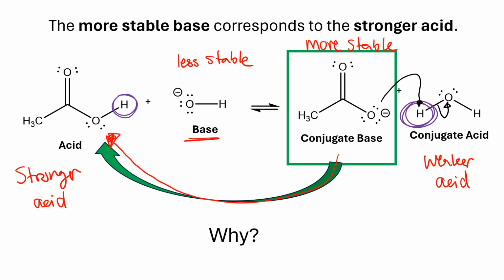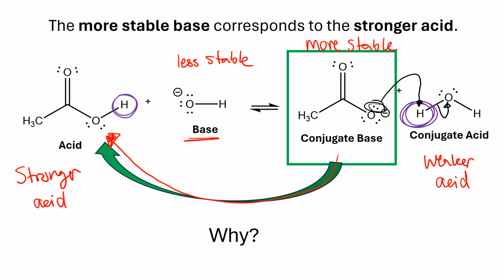The lone pair from our conjugate base could grab that proton and we would go right back to where we came from. But it doesn't do that as much as you would expect, because the right-hand side is pretty stable. This lone pair is pretty stable on this conjugate base, and the proton is more stable on our acid. So when we're thinking about why we need to look at the stability of the conjugate base, we're looking at how likely it is that the reaction will go back in the other direction.